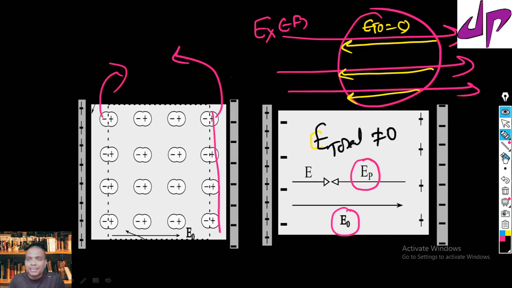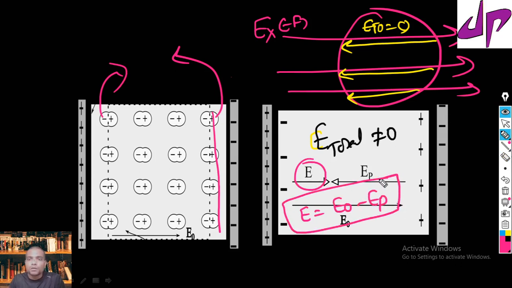There is a certain residue, or leftover, electric field. So the leftover electric field E equals E naught minus EP, which is the residual electric field within the dielectric material. That electric field is the advantage for us, so we will make use of that.